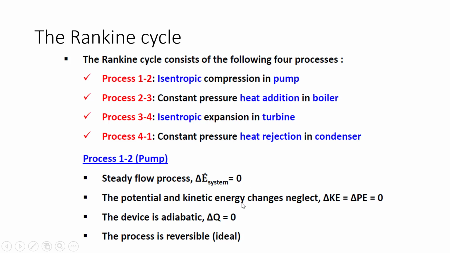The potential and kinetic energy changes in the system are also considered 0. The device is adiabatic, so there are no heat losses, so delta Q is equal to 0. The process is reversible and ideal.